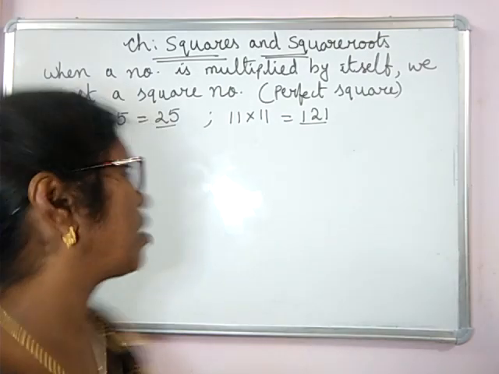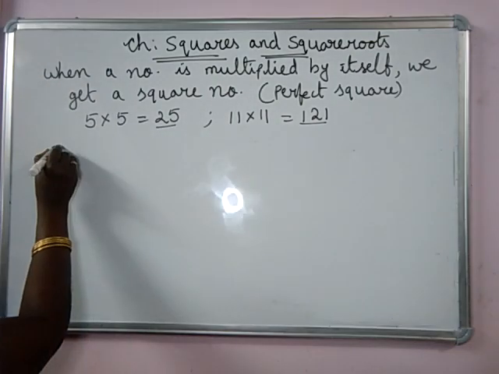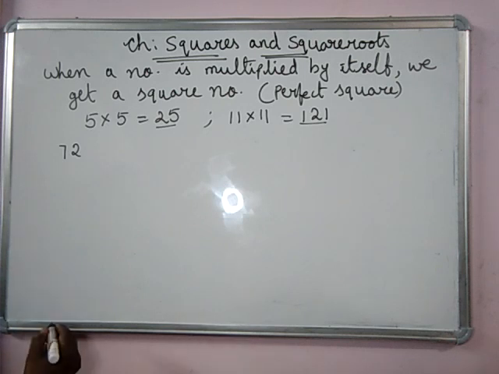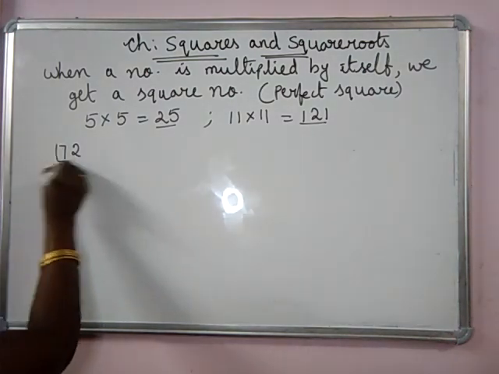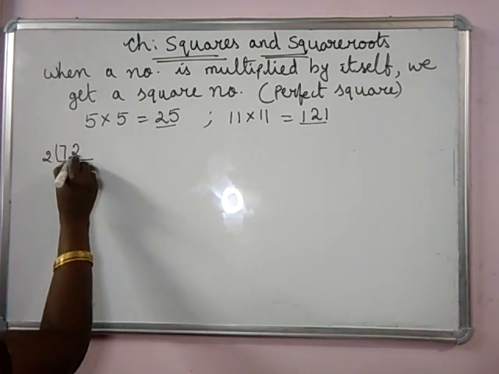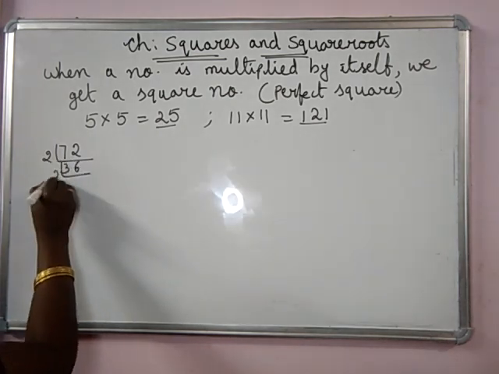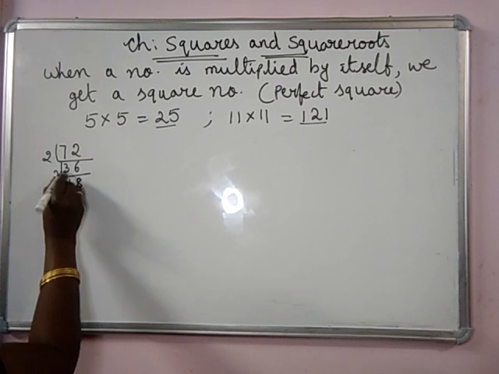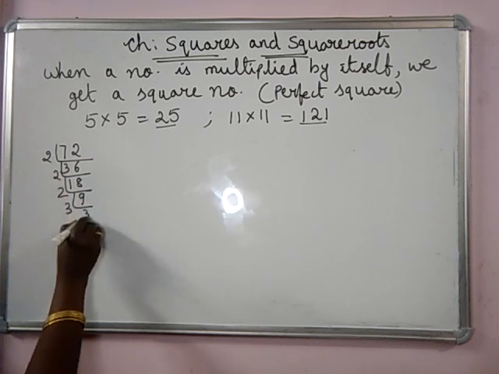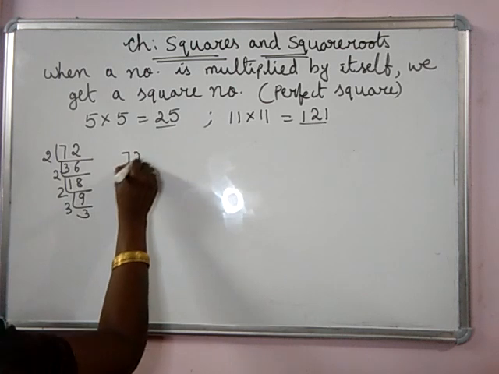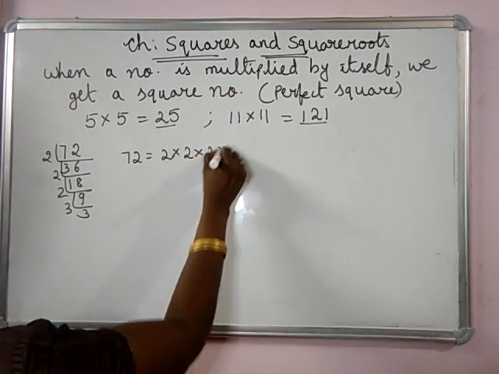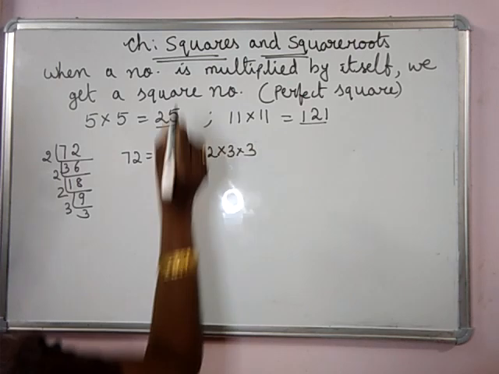Let me give you some examples. If you want to know whether 72 is a perfect square or not, find the factors of 72. 2 3s are 6, 2 6s are 12, 2 9s are 18. So the factors of 72 are 2 into 2 into 2 into 3 into 3.